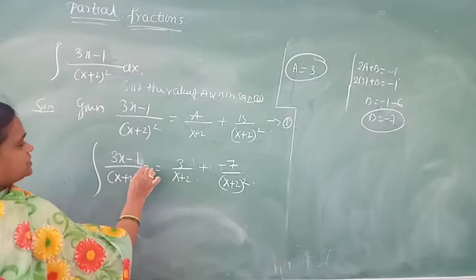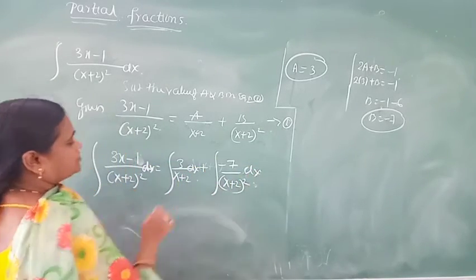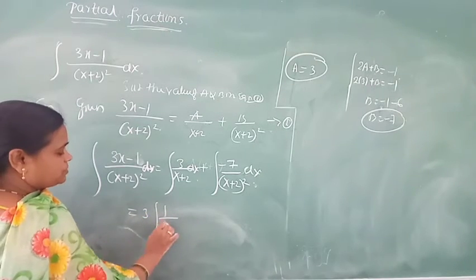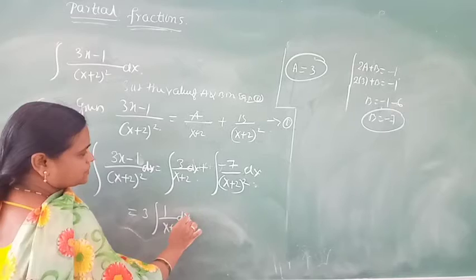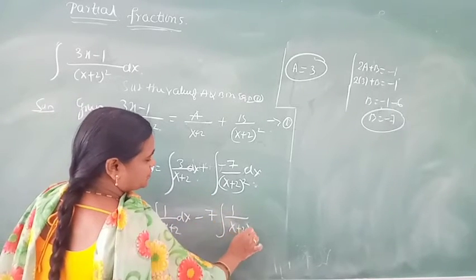Apply integration. Okay, means this can be taken, 3 outside, 1 by x plus 2 dx, plus into minus 7, 1 by x plus 2 the whole square.